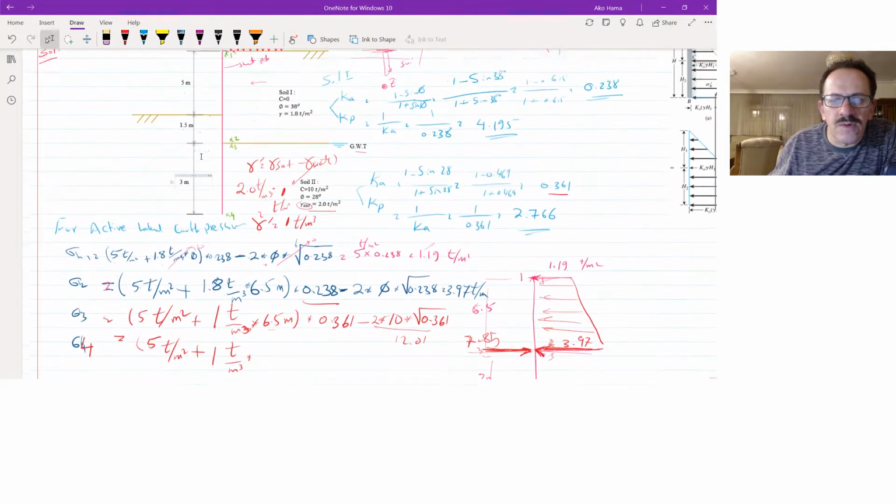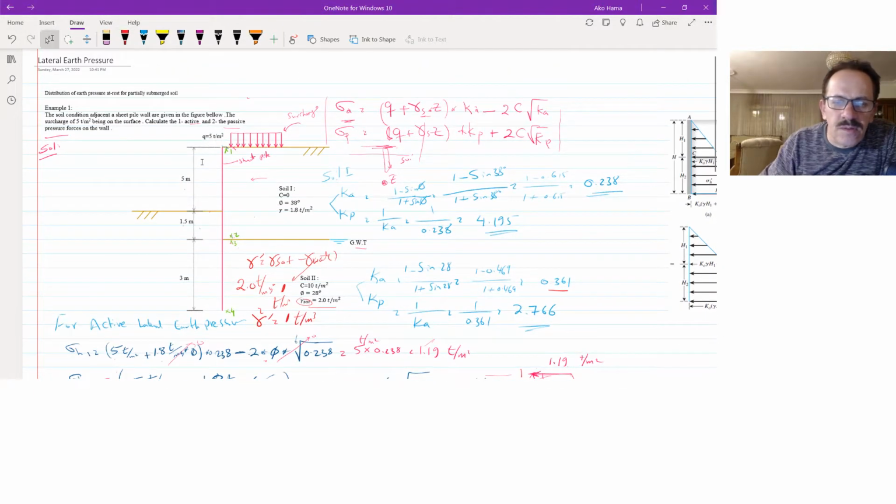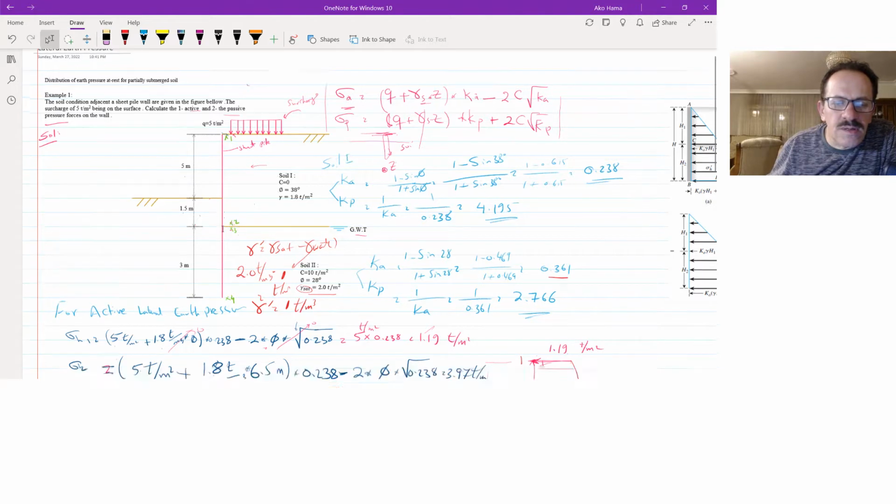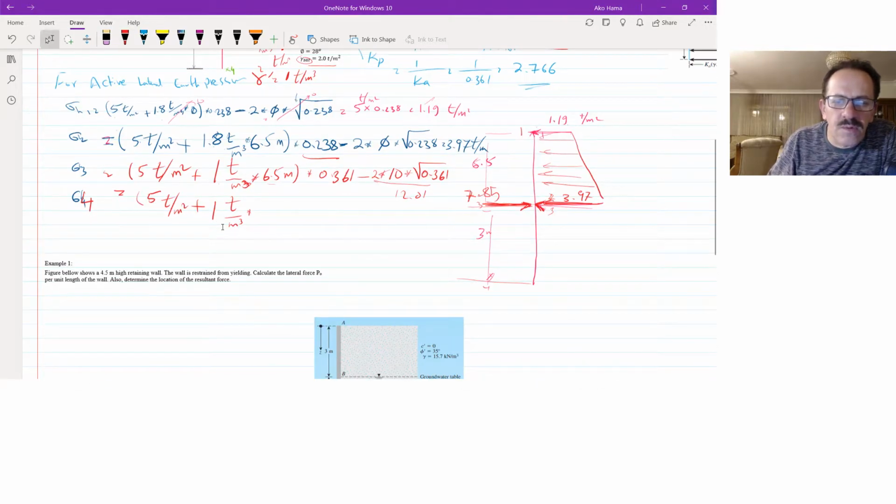The z at point 4 will be 5 plus 1.5, which is 6.5, plus 3, which will be 9.5. So times 9.5 meter, times the value of Ka, which is 0.361, minus 2 times 10 times the square root of 0.361.